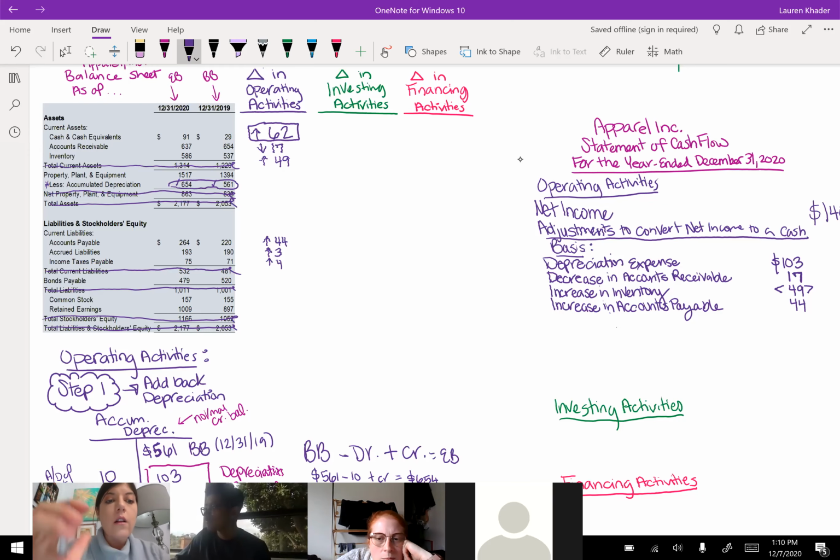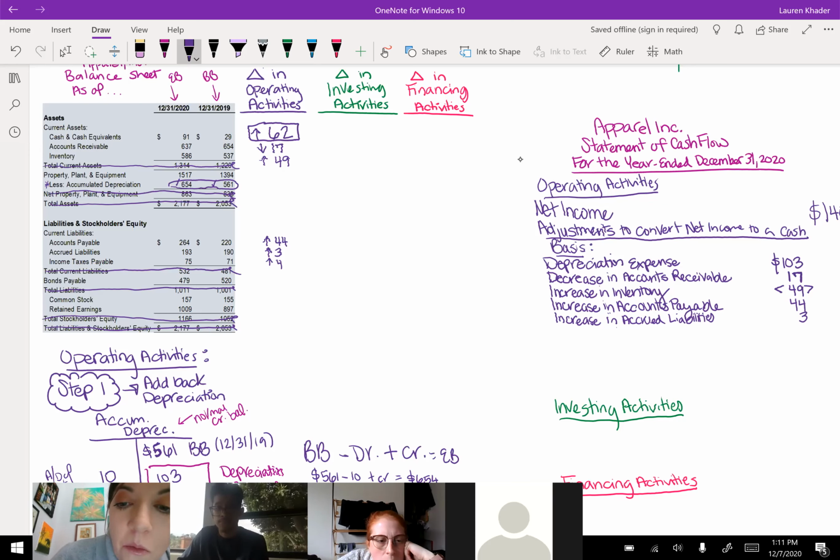For accrued liabilities, the same. Increase in accrued liabilities. So on an accrual basis, you incurred the expense, but on a cash basis, you actually didn't pay it out. So you had a cash savings of $3. So you're going to add it back.